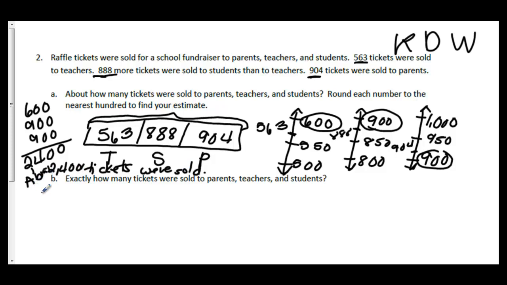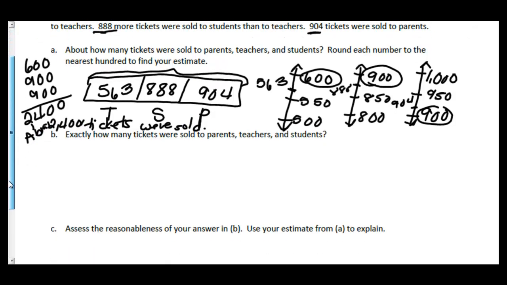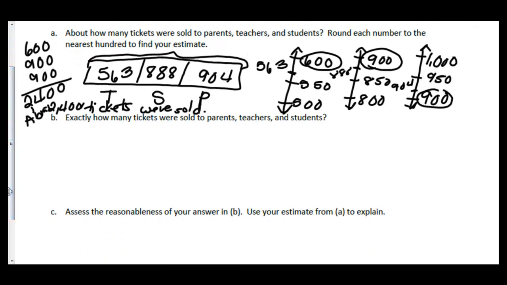All right. Now, just like last time, the next thing that we're going to do is tell exactly how many tickets were sold. Again, I don't have to redraw all this. It's the same problem. I already know what the model is. I'm still going to add, only this time I'm going to add the actual answers. So I'm going to come back up here and I'm going to have 563, 888, 904. I'm going to go ahead and add all three of these numbers together, but you could separate this problem and add these two together and then add the sum to 904.